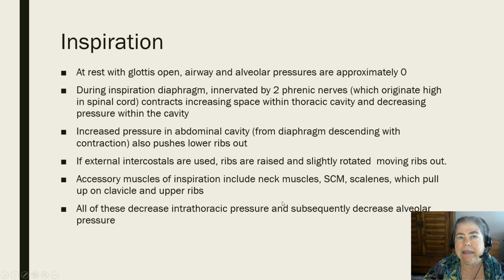And then again, the accessory muscles, which are the sternocleidomastoid and the scalenes in the neck, pull up on the clavicle, the upper ribs, the sternum, and again increase the space inside the thorax and decrease pressures. So if we decrease intrathoracic pressure and decrease alveolar pressure, air is going to move through an open glottis into the lungs.